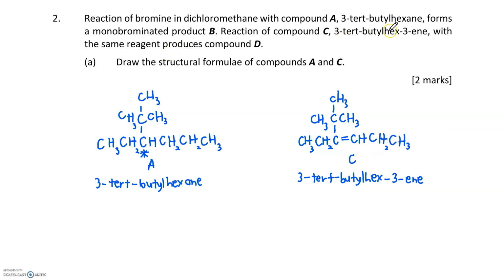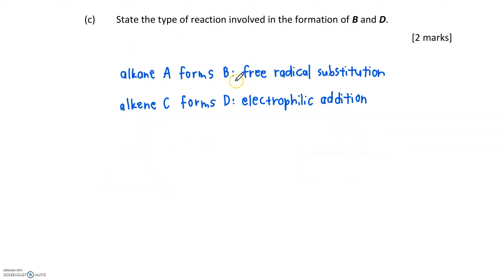So because C is an alkene, it undergoes electrophilic addition reaction. Alkane A undergoes substitution reaction because it is a saturated compound, and free radical because it is made up of non-polar bonds which undergo homolytic cleavage to form free radicals.